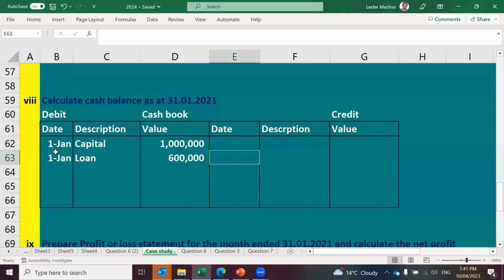Hold on, someone is asking a question. Right. And the next one, 1st Jan, you deposit money in the bank account. How much? 50,000.